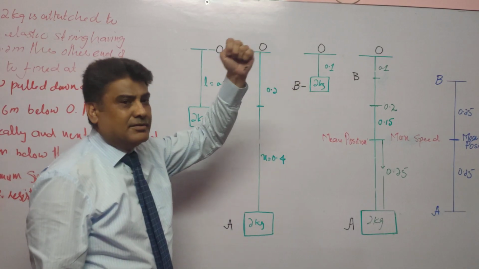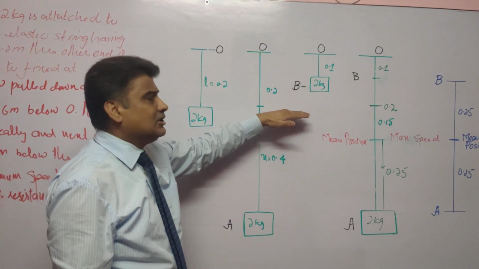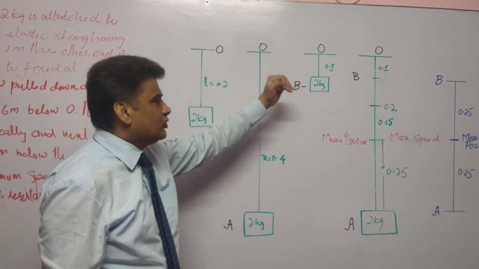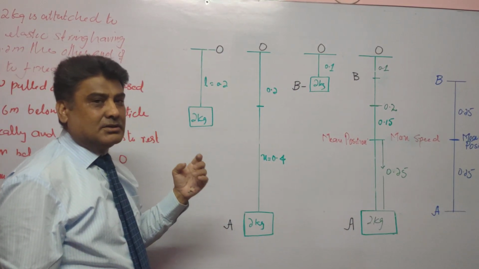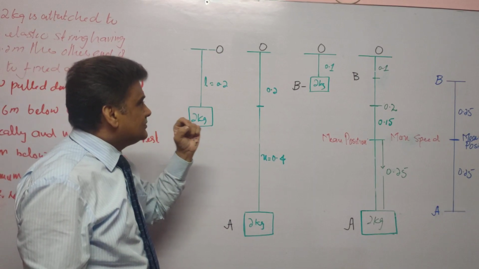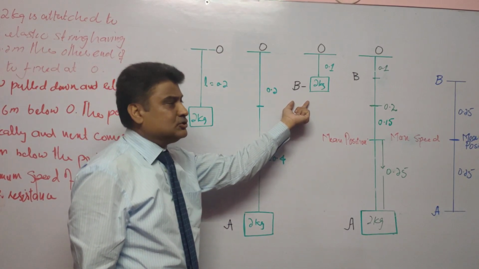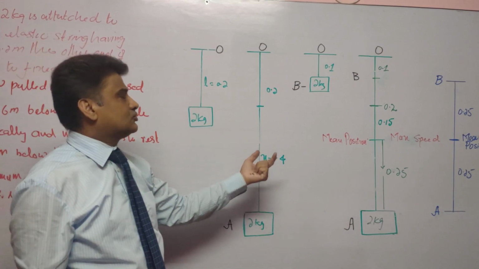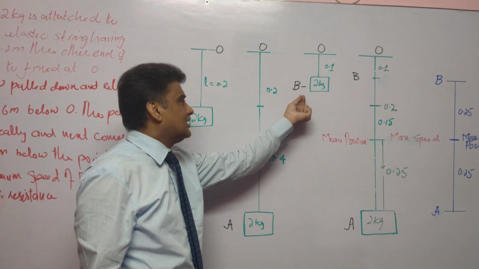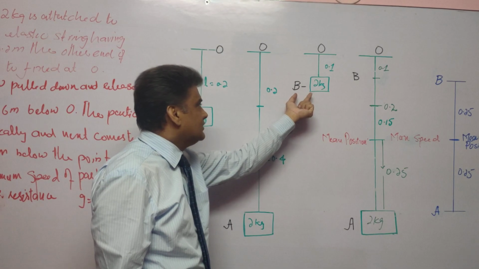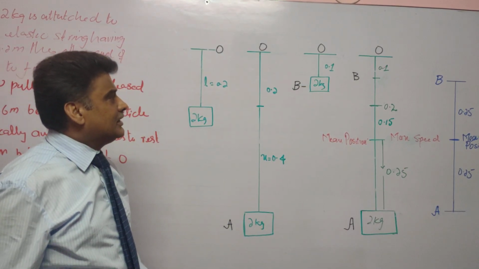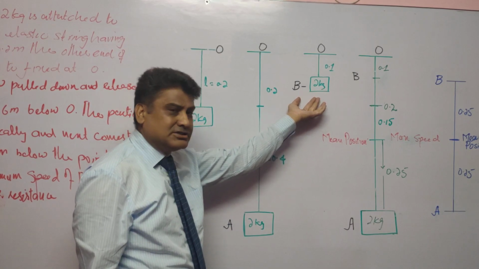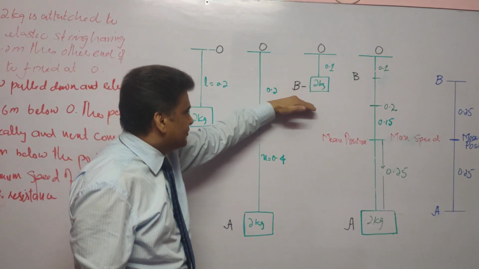But at point B, its elastic potential energy is not equal to 0 because there is a small compression of 0.1 meter in the string. So the total energy at point B will be the sum of elastic potential energy plus gravitational potential energy.